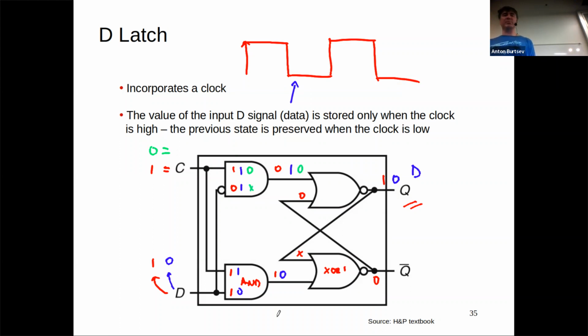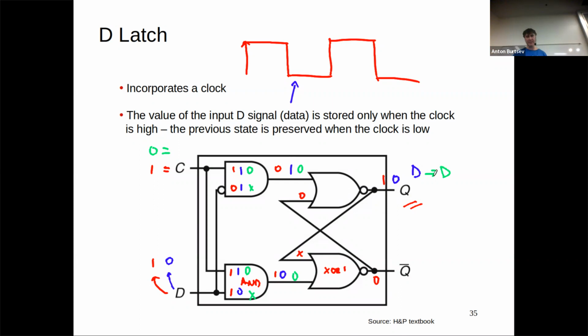So this input is 0. And since the clock is low, it's also 0 here. And remember that these two zeros are a remember combination for this RS latch. So it means that this D will continue being D on the output, right?